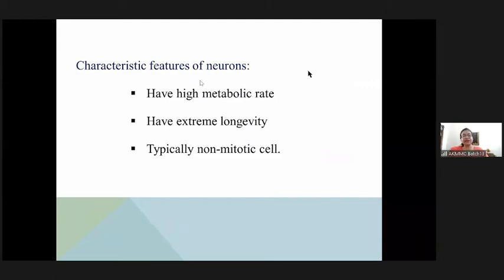What are characteristic features of this neuron? They have high metabolic rate. Okay. And they have extreme longevity and are non-mitotic cells. What is meaning of non-mitotic cell? They do not divide. They are not divided by mitosis.